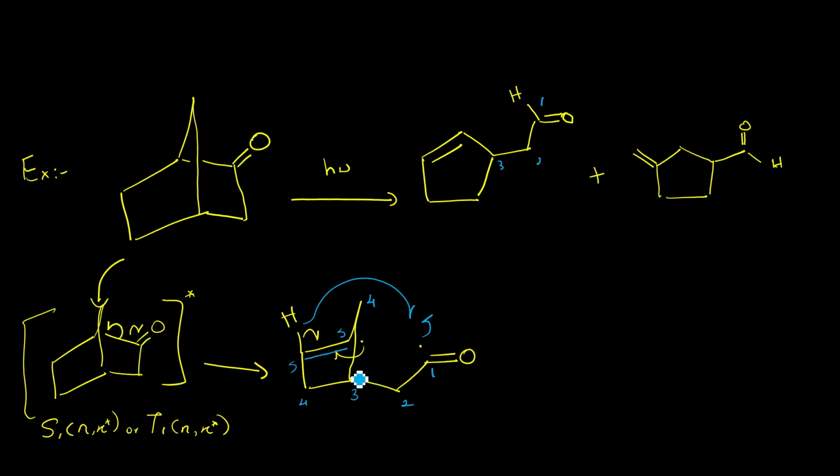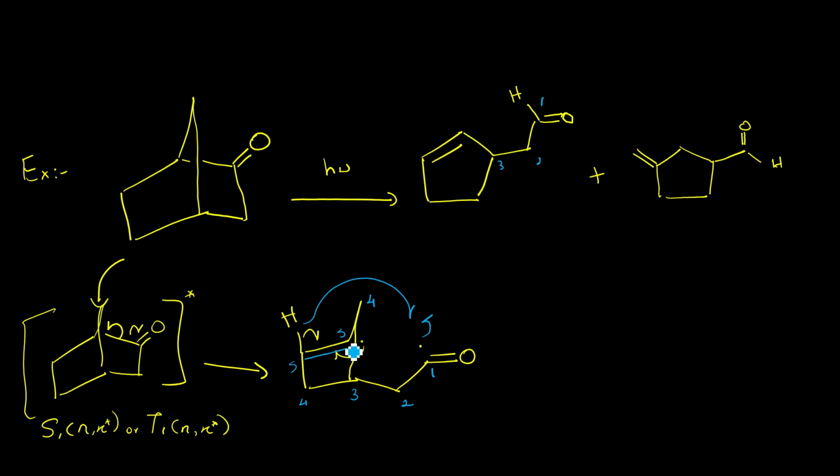In order to meet the double bond, I need to pass another carbon. If I go this way, I will meet this carbon and then find the double bond. If I go this way, I will meet this carbon and then find the double bond. But as you can see in our product, that's not the case, right? 1, 2, 3, and if I go this way, the first carbon I meet is the carbon which is formed with a double bond.